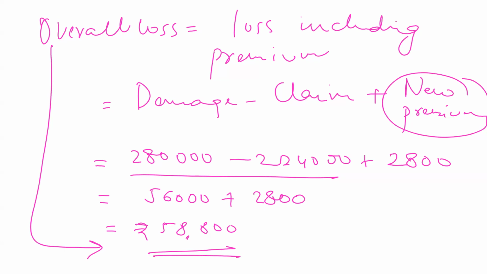Now we can go to exercise 2.1. One small problem we are going to solve. Exercise 2.1. Let us go to question number 6. I hope everybody is reading the problem.